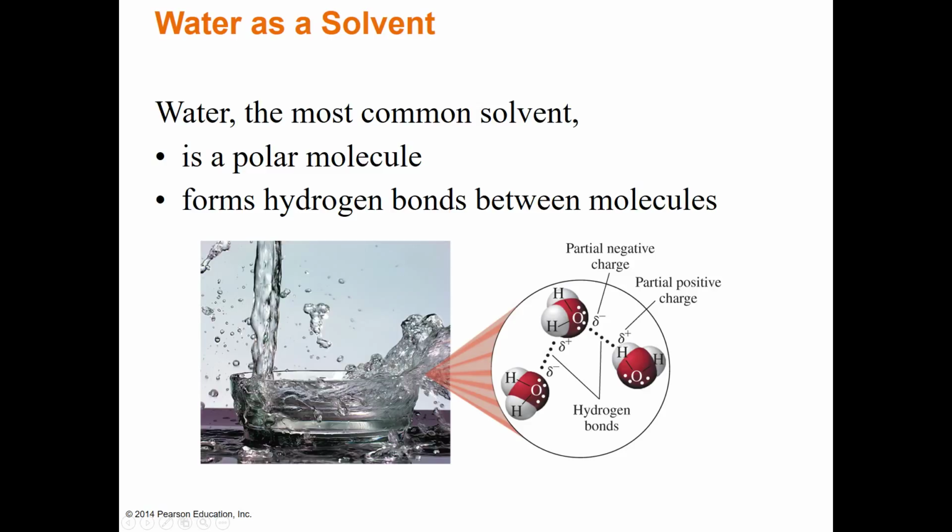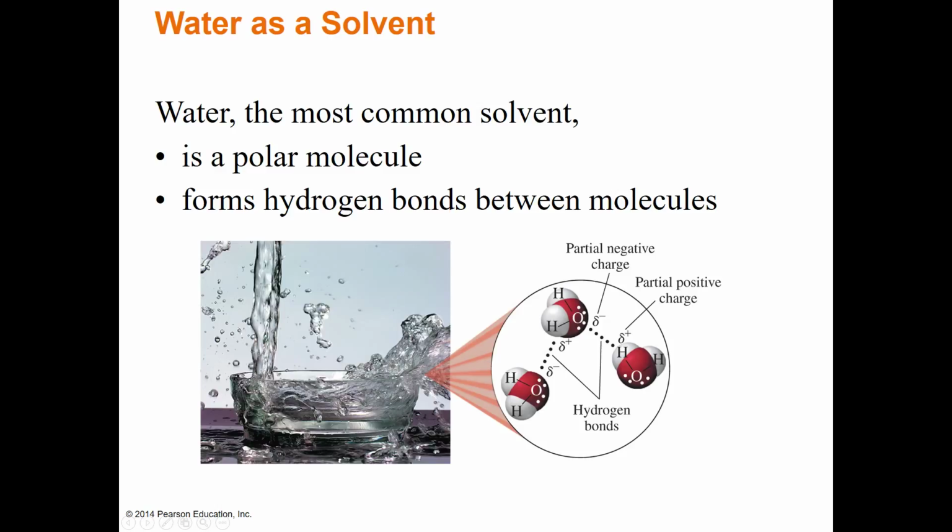And these hydrogen bonds behave like the water molecules are holding hands. That's why the water molecules want to stick together, and you have to heat water up to a high temperature like 100 degrees Celsius in order for the water molecules to break away from the surface and evaporate, because you have this attraction between the water molecules.